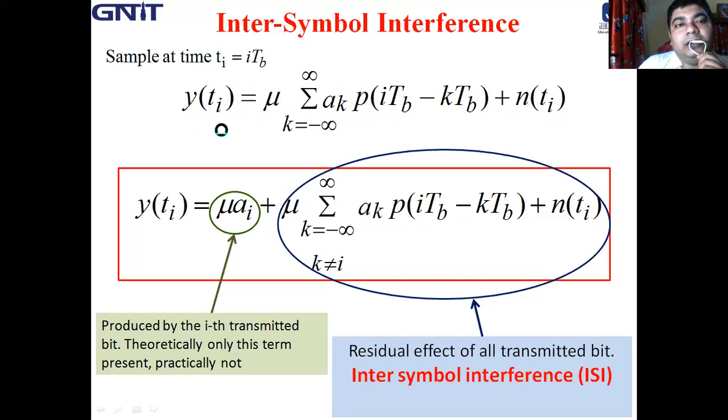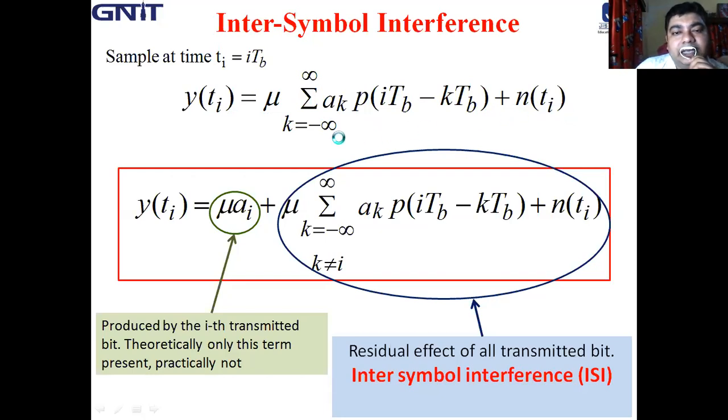So after sampling, the output is y(t_i) is equal to mu summation over k equal to minus infinity to plus infinity a_k p(i T_b minus k T_b) plus n(t_i).